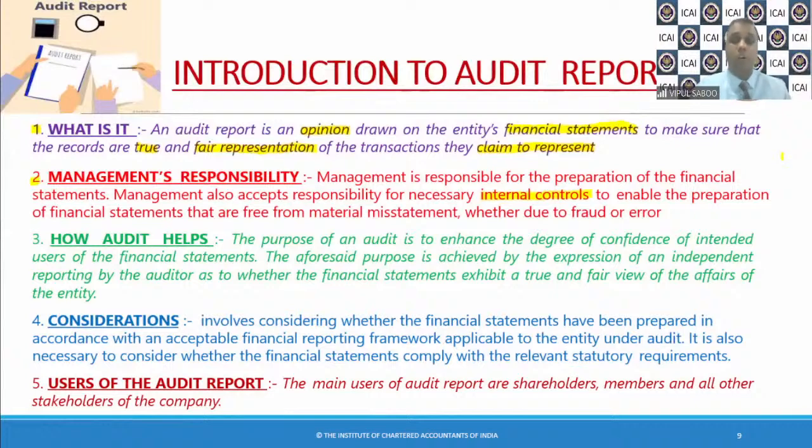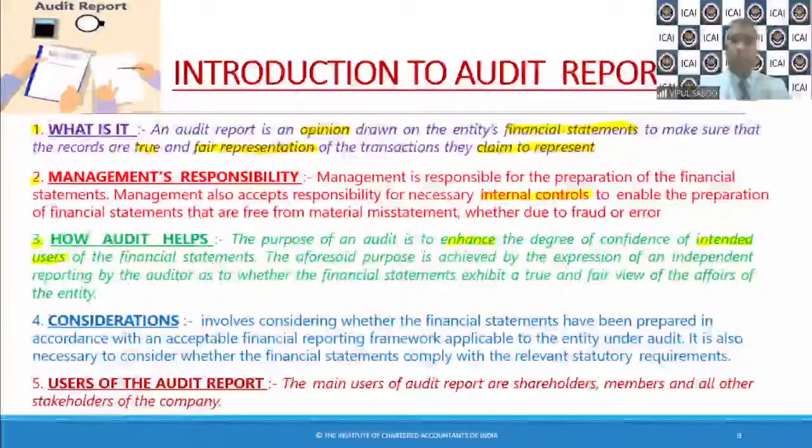So how does the audit report help? We all know the purpose of the audit is to enhance the degree of confidence of intended users. Who are intended users? In future, those who are going to take decisions based upon the financial statements you are auditing.